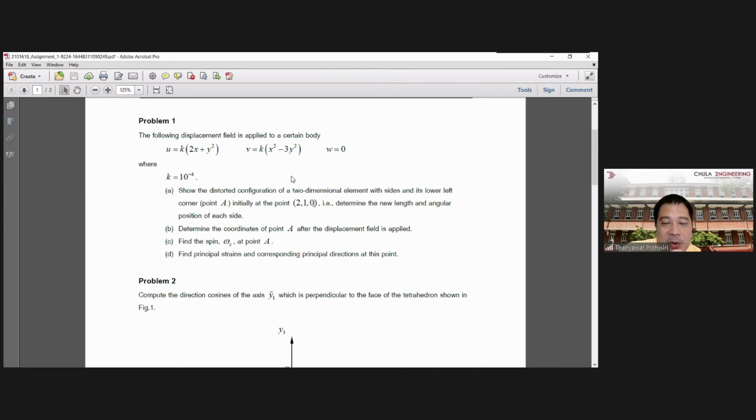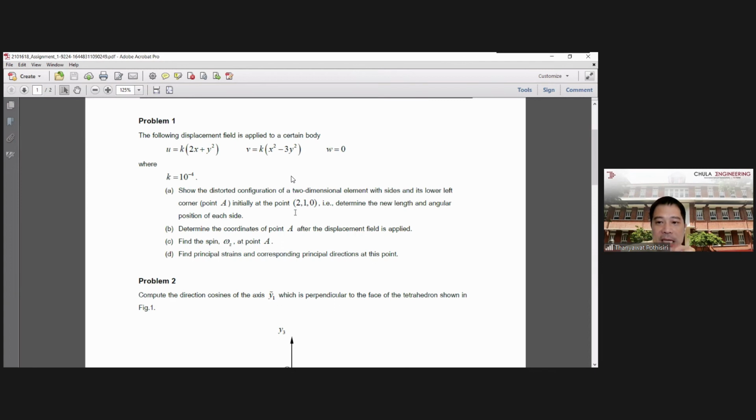Of a point with certain coordinates. At that particular point, obviously you can compute what's going on in terms of the displacements. But in showing the distorted or deformed configuration, you can't just use a point to do so.